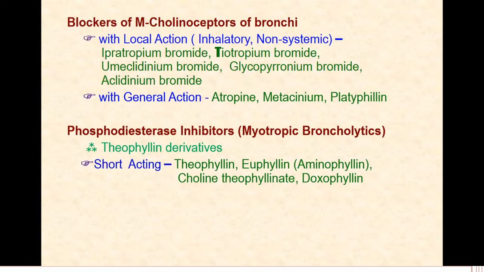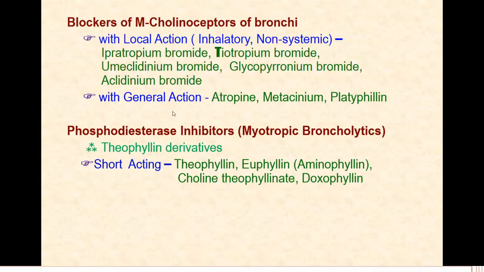That is why these agents are used in the form of aerosol or spray. A patient inhales also once or twice. And the agent acts only upon bronchial mucosa and smooth muscle. That is why these agents with local action are more specific, because they don't cause systemic action, don't cause different side effects.